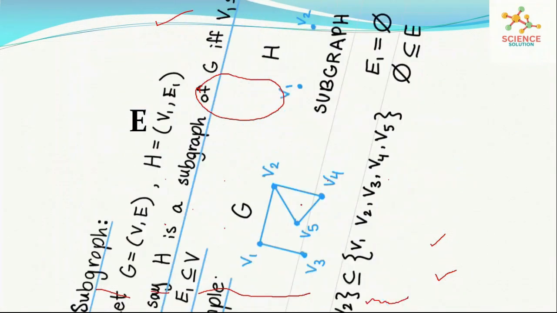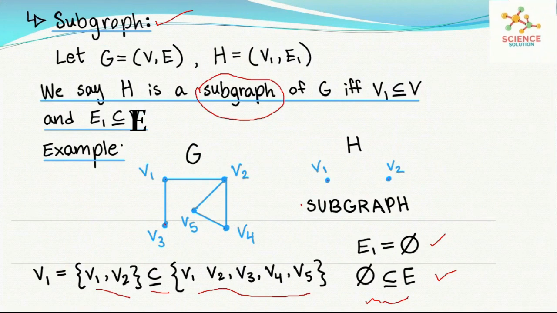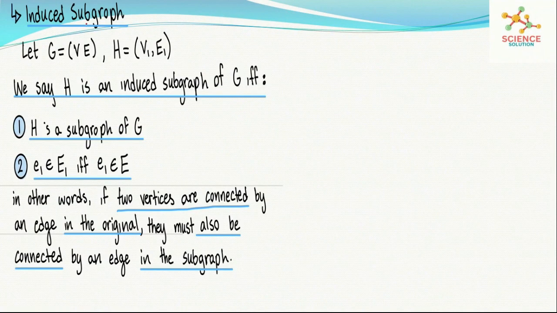Now we discuss the definition and some examples about induced subgraph. Let G be a graph having set of vertices V and set of edges E, and H is a graph having set of vertices V1 and set of edges E1.